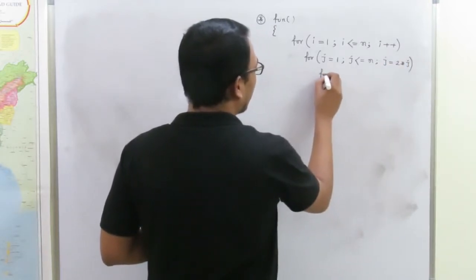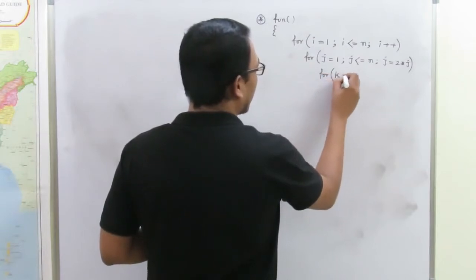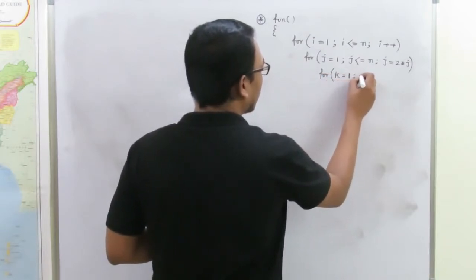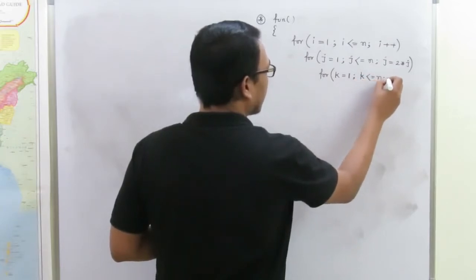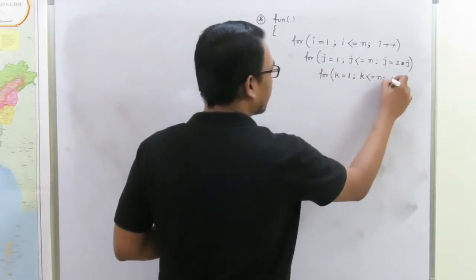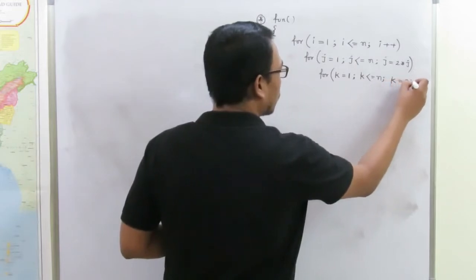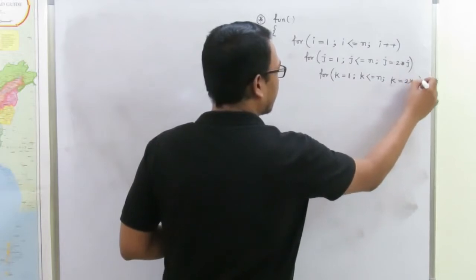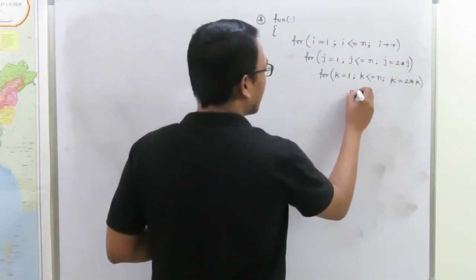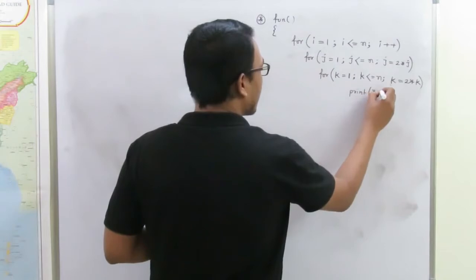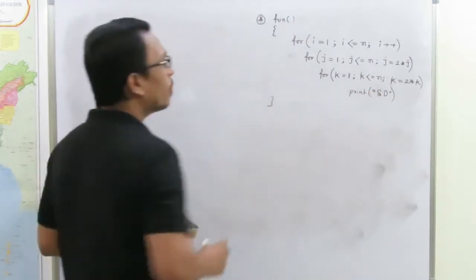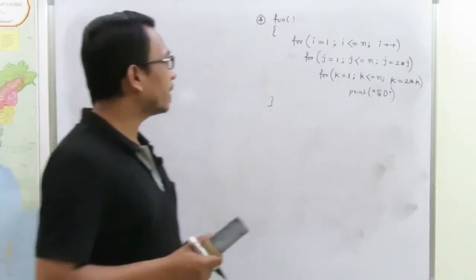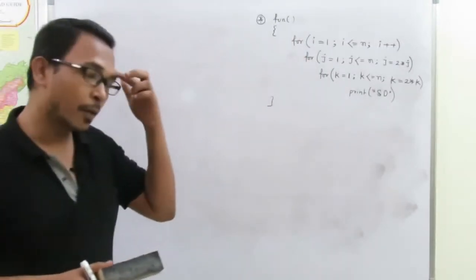Again we have one more loop, for k equal to 1, k less than or equal to n, k equal to 2 into k. Then we have this print statement. So what will be the time complexity of this particular problem?